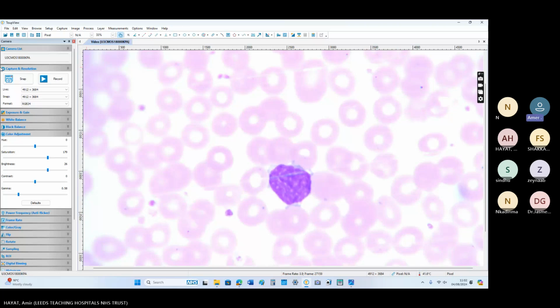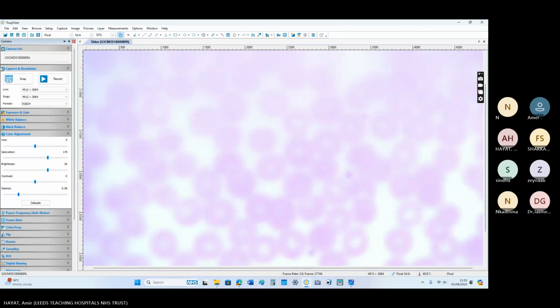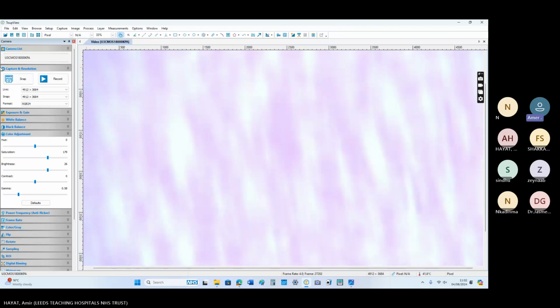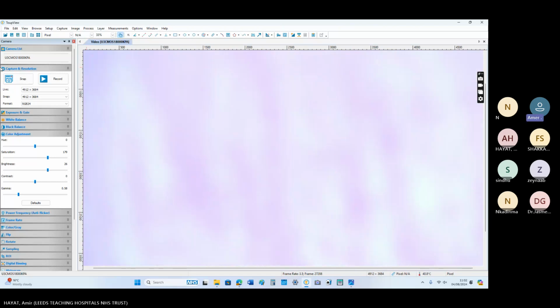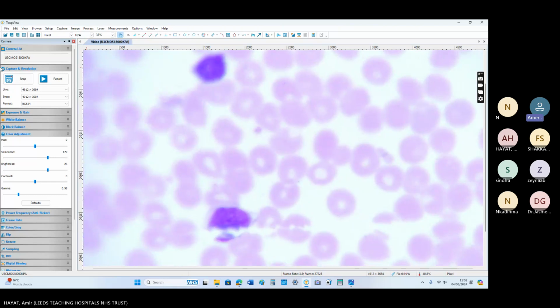The patient history and these nucleus shapes, because their nucleus is different than other cells that we have seen so far.